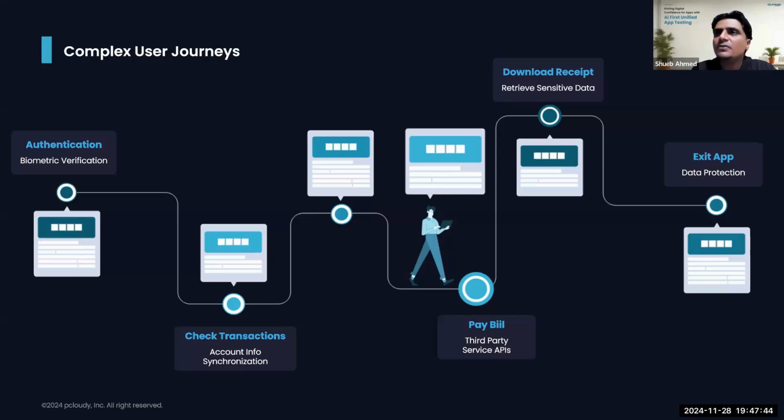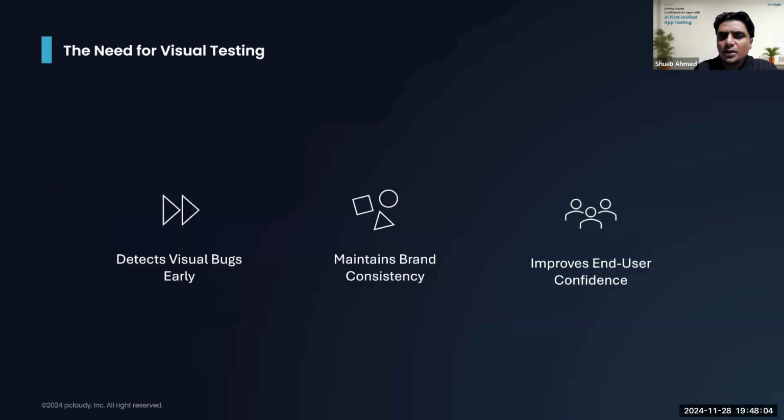So we have to make sure across the user journey of an application, starting from launching the application to verifying various different functionalities within the app, that the user experience is pretty seamless across all of these different stages.